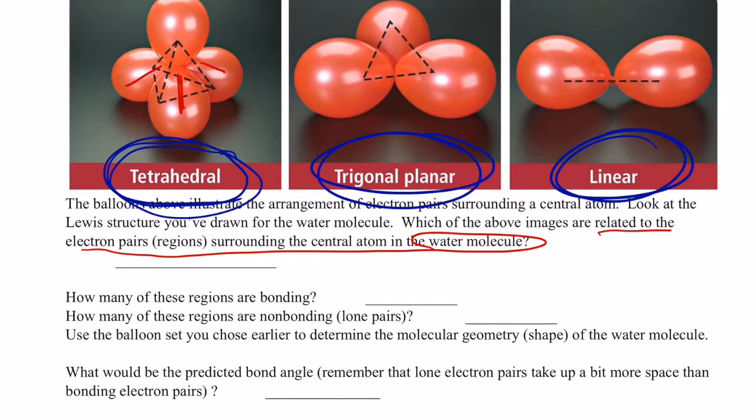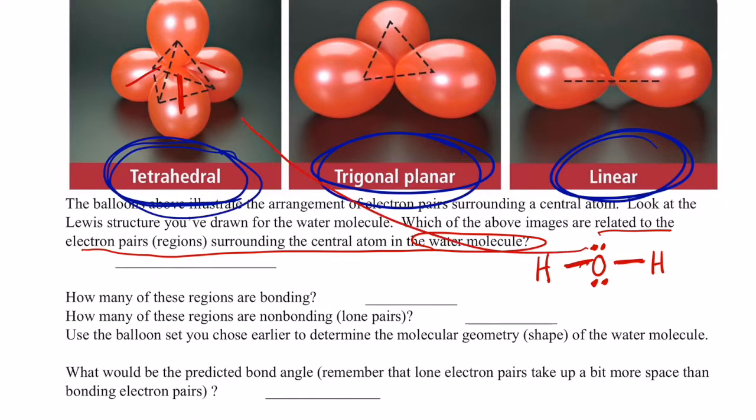So let's go ahead and see which of these above are related to the electron pairs surrounding the water molecule. We were working with that towards the end of our last video, so let me redraw the Lewis structure for you. We have oxygen sharing a pair with 2 hydrogens, and then 2 lone pairs around the oxygen to complete its octet. And so, if you take a look, don't we have 1, 2, 3, 4 regions of electron density?